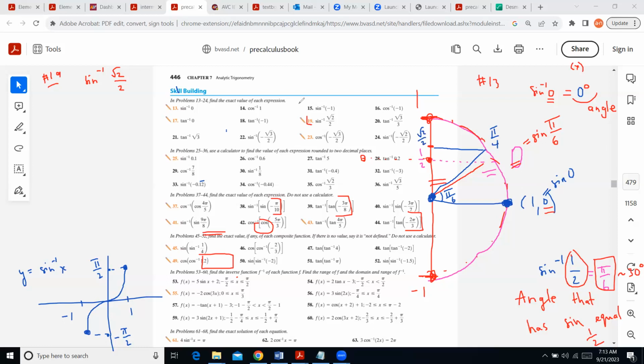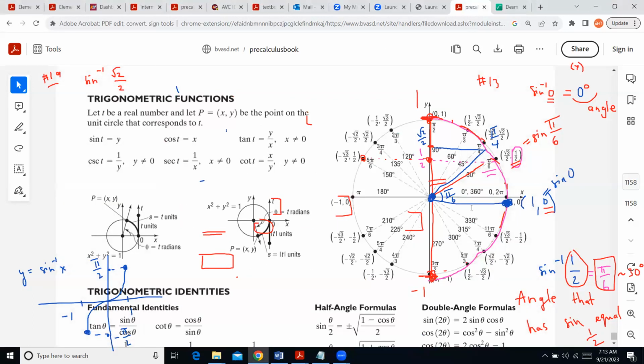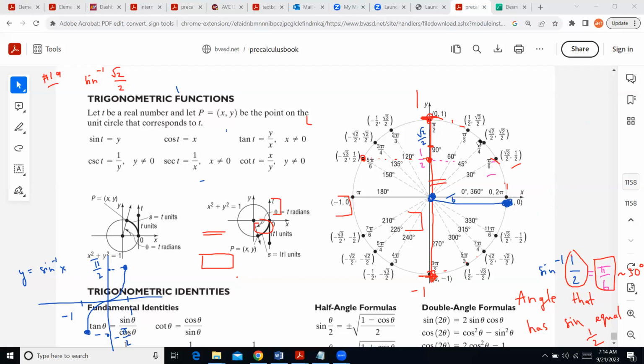You might say, Alex, how do you remember that? Indeed, I opened that circle for you here. You don't have to memorize pieces of this circle, but you could just find square root 2 over 2 among the y coordinates, because this is our arcsine.